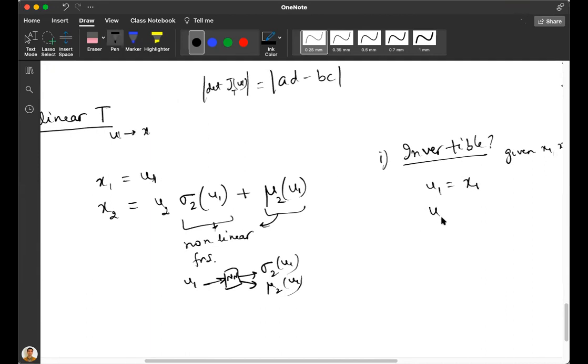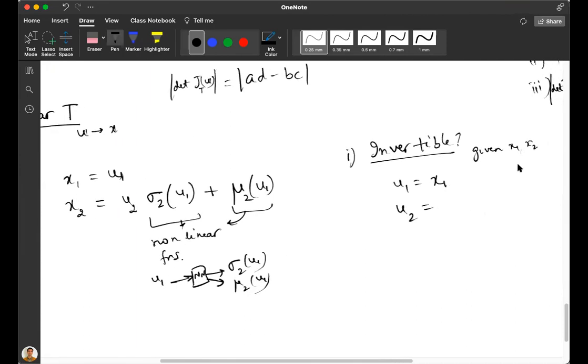What is U2? X2 minus mu2 of X1 divided by sigma 2 of X1. Yeah, because U1 and X1 are same, so you can replace U1 with X1. Very clever. It's invertible, right? So it satisfies the invertibility condition.